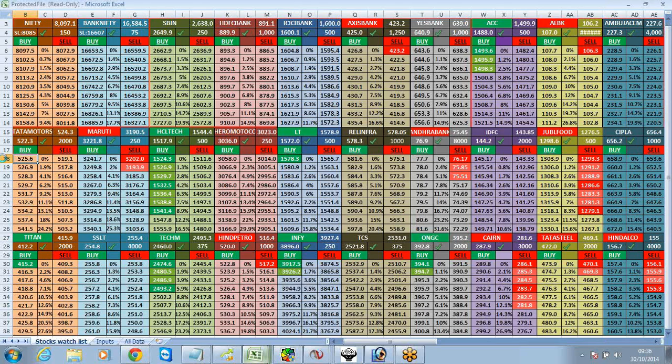So ACC, it's a strong buy call, and the same thing with Ambuja. We don't have a call still here in FuturesTree, but we do have a call in Trading Tree. Andhra Bank is a sure shot sell call.